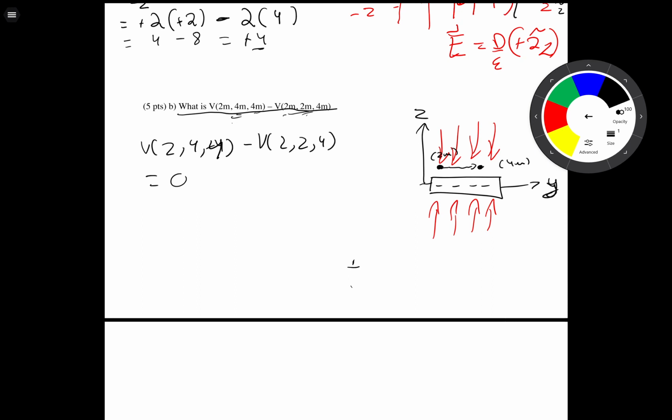As we know, for work done we have to go in the opposite direction of our electric field intensity, and over here we are just shifting right to left. So this is our equipotential surface, and that's why the potential change is going to be 0, because the charges are not moving in the a sub z direction. Thank you.